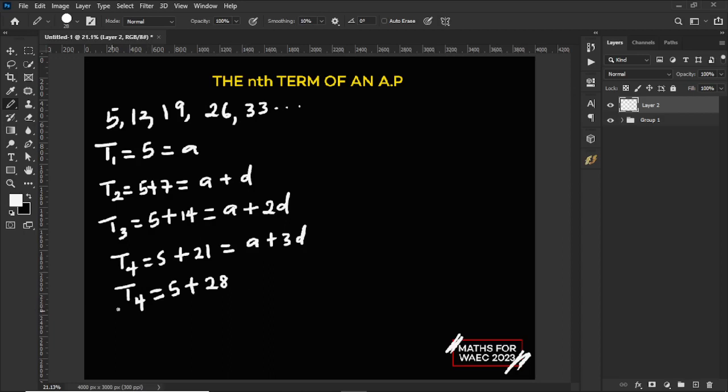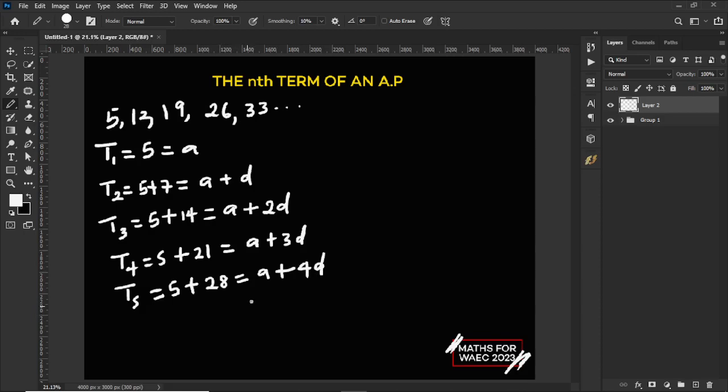So T5 will be 5 plus 28, that is A plus 4D. 4D is 28, right? So 5 plus 28.